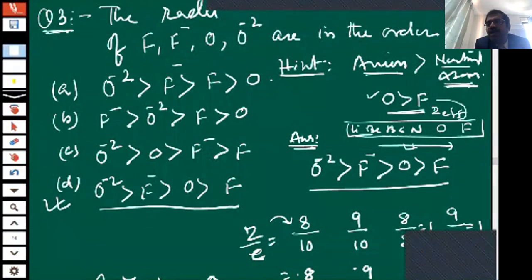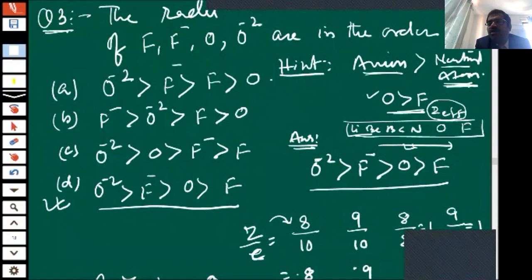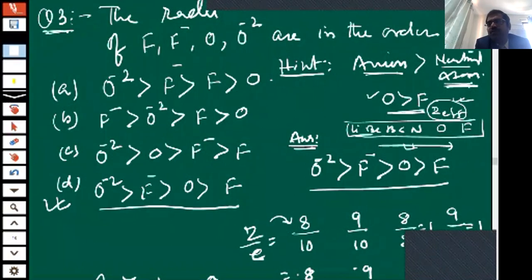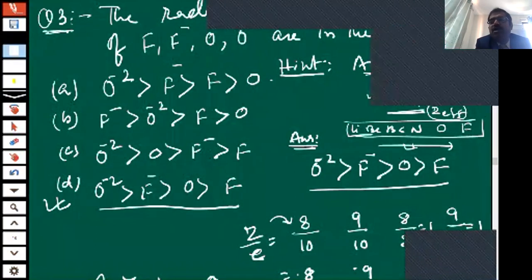And if Z-eff value increases, the atomic radius will decrease because it will pull the electrons toward itself. And if you have more doubt, please enter into the doubt clearance classes. I think this is clear to you now.